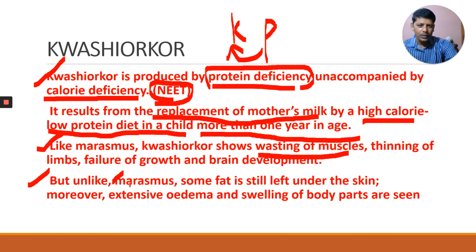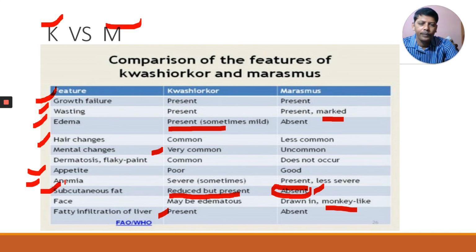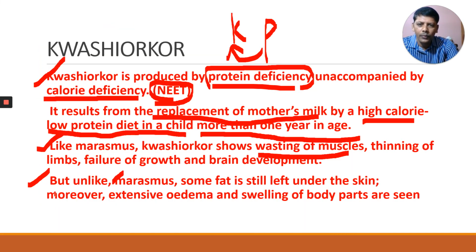But unlike Marasmus, in Kwashiorkor some fat is still left under the skin. Here fat is absent. But here, there is reduced but present subcutaneous fat. That is one difference.